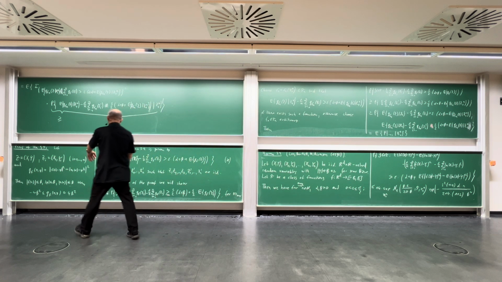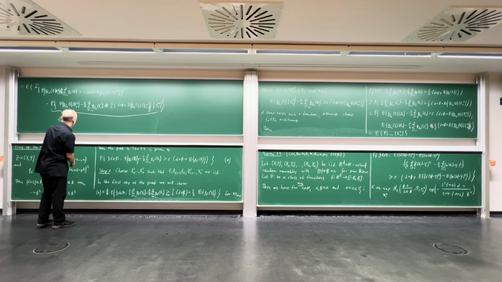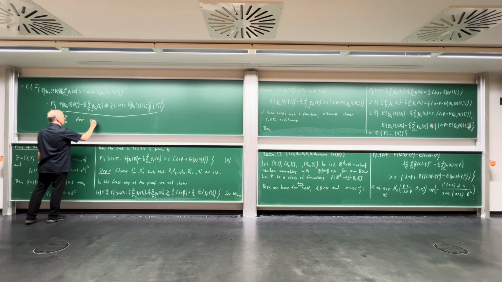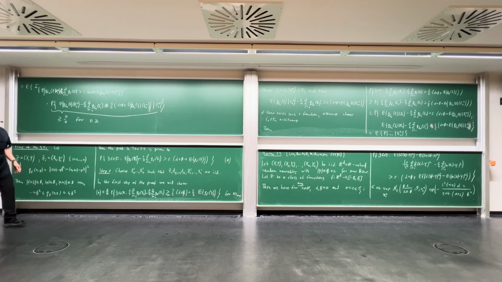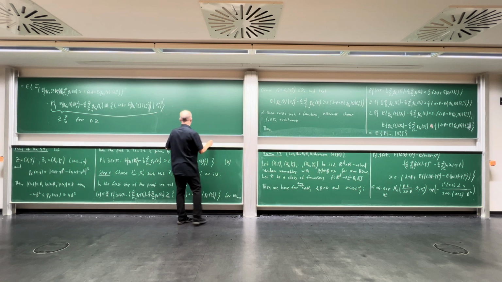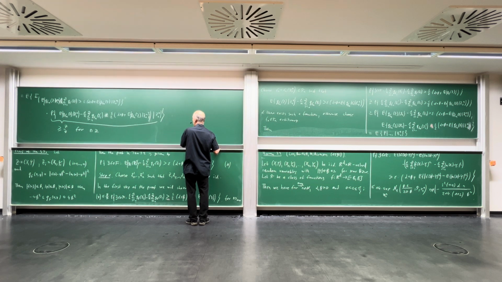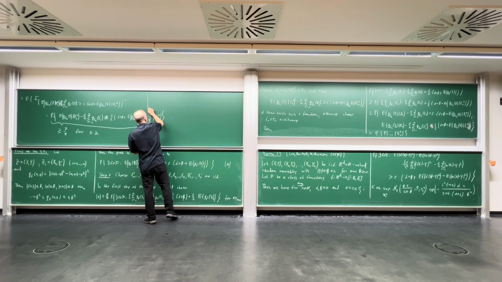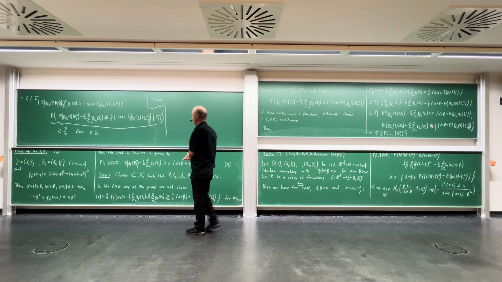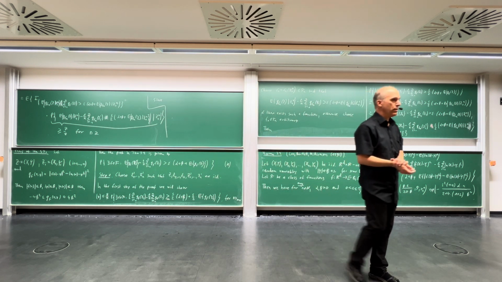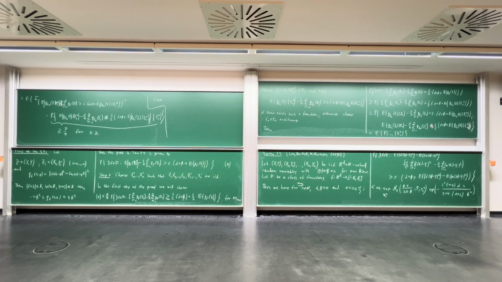But on the other side, so 7 divided by 8 for n greater something, and I have to argue this. For this we will consider the complementary event, and we'll show that it has a probability less equal than 1 divided by 8.